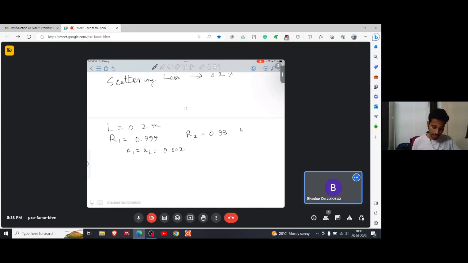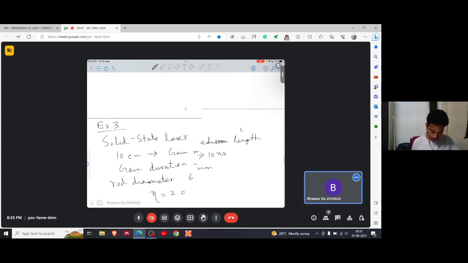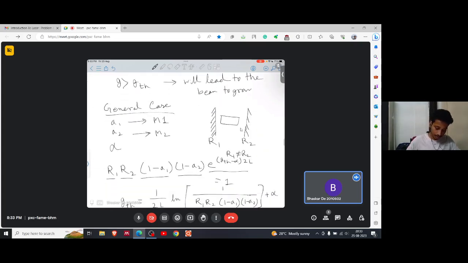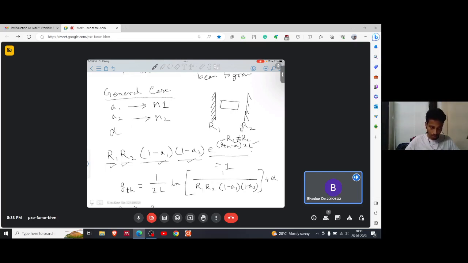In the general case we have multiple parameters: R1, R2, A1, A2, GTH, alpha and L. We know the value of L, we know A1 and A2, which equal 0.002, and we know R1 and R2.